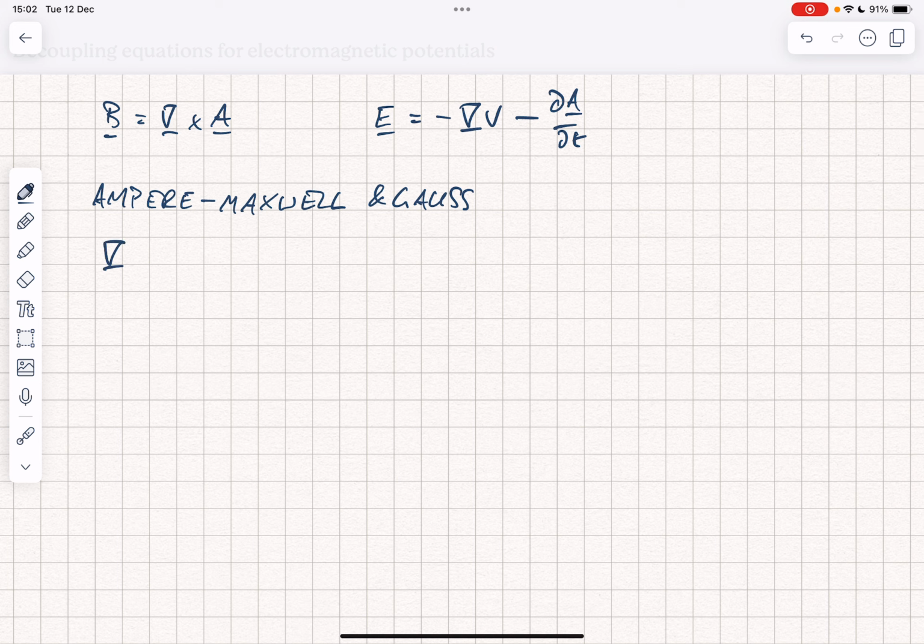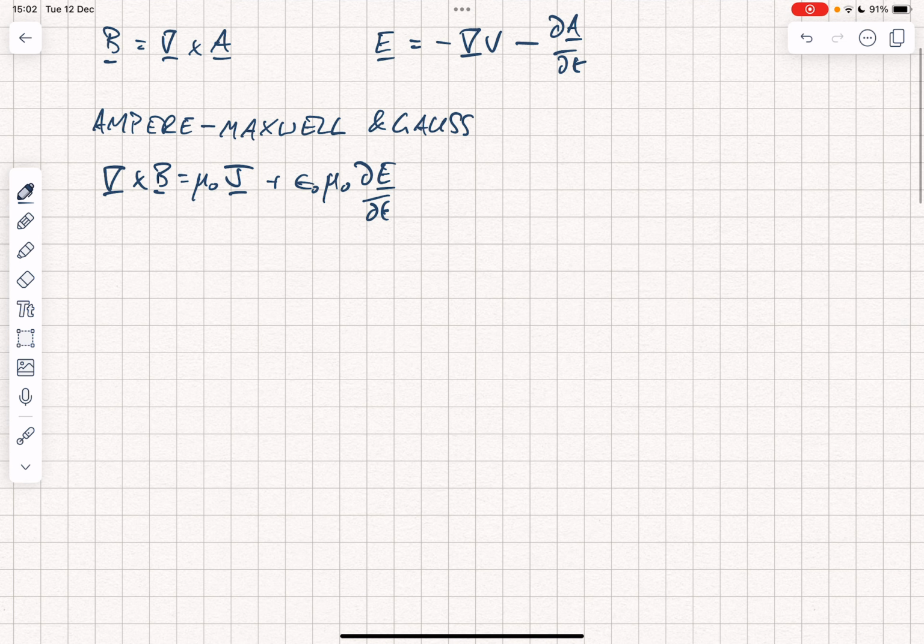So Ampere-Maxwell says that curl of B is equal to mu naught J plus epsilon naught mu naught dE by dt. And so what we're going to do is substitute in for A and for V. We're going to derive an equation which is complicated. We saw that in the last video. We'll do the same for Gauss's law and get an equation for V. And then by applying Lorenz, we'll be able to decouple these.